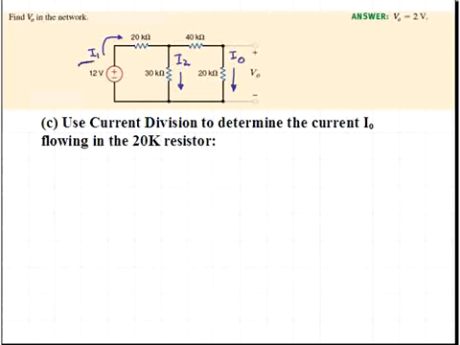Again, we're trying to find the value of IO flowing through the 20K resistor so that we can eventually use Ohm's law to predict the voltage VO.